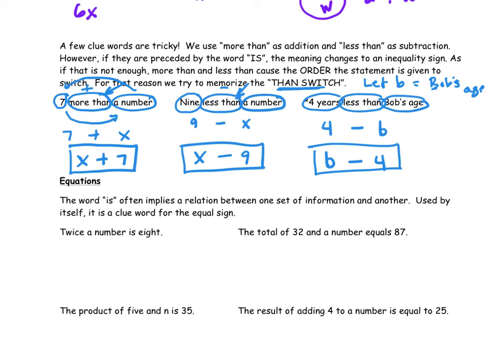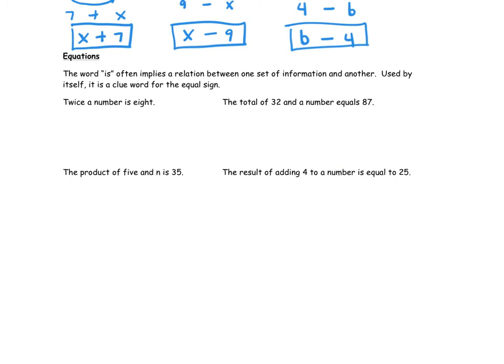All right, getting to the end, we're going to move on now to equations. The word "is" often implies a relation between one set of information and another. Used by itself, it's a clue word for the equal sign. So this time, we're not only going to use operations, we have to watch out for clue words that mean a relationship, in this case, an equal sign.